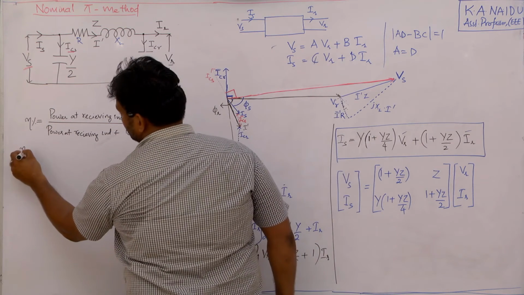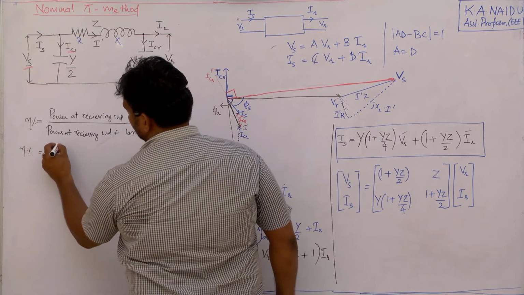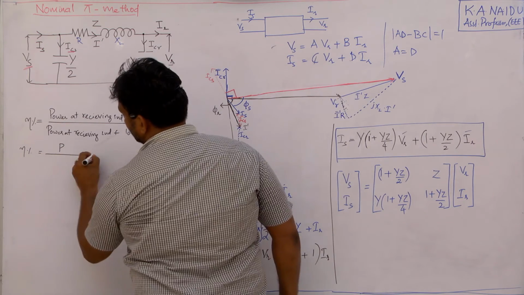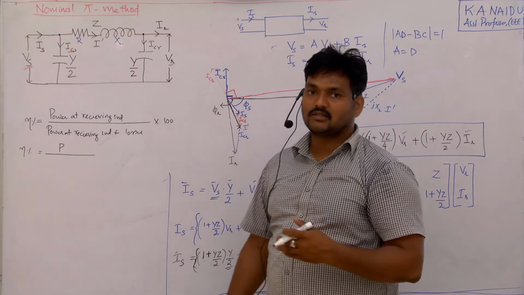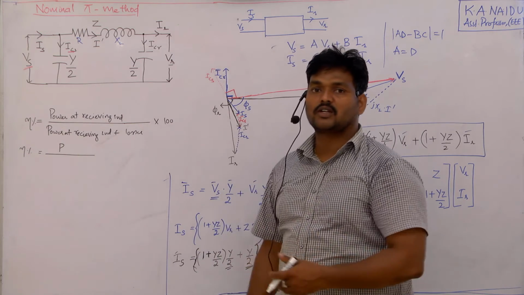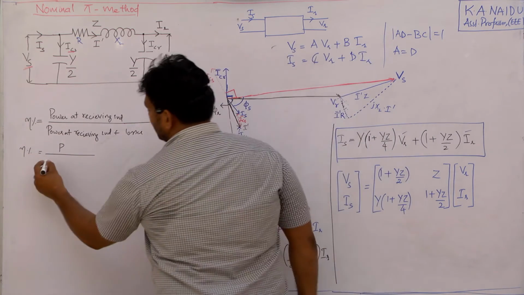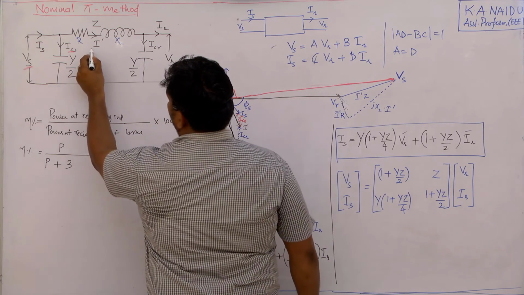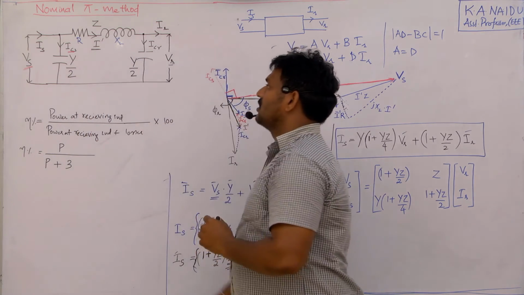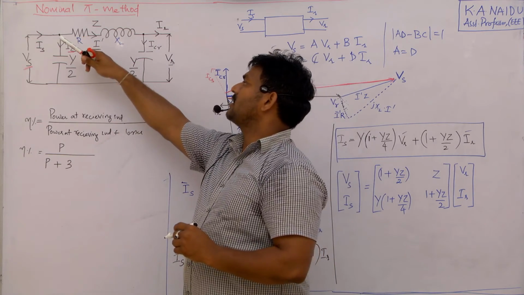So here efficiency percentage is equal to, suppose P is the total power at the receiving end, because of all the three lines, generally three phase lines are used for transmission of power, divided by P plus 3 into I dash square R, where I dash is the current flowing through the resistance R.